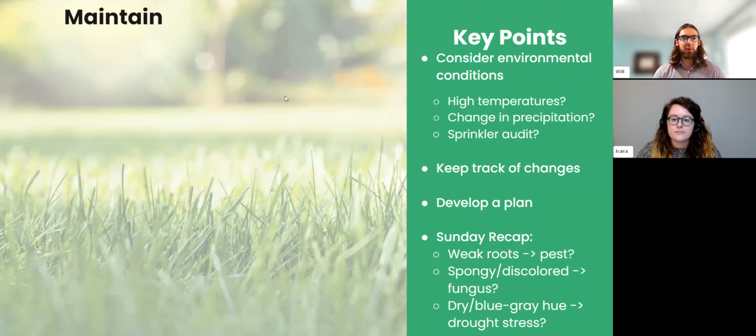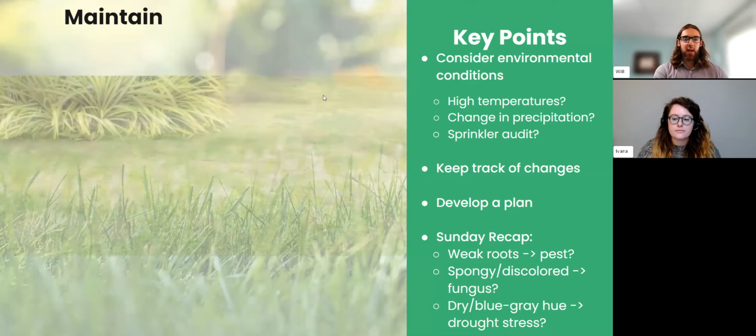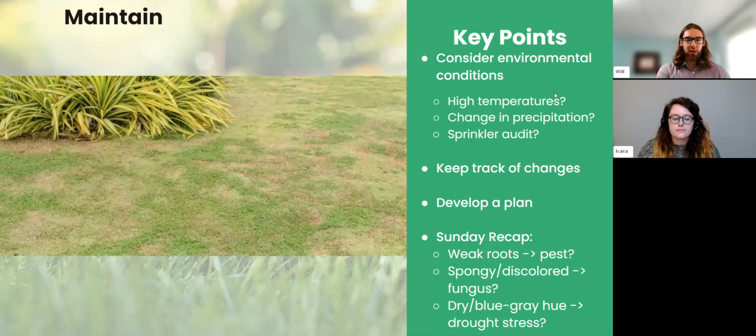And then thirdly, developing a plan, essentially identifying how best to proceed. If we take a look at this image here, this is what we may tend to see, I would say, in the springtime or summertime. This could be a number of factors, right? If we have these patches throughout the lawn, it could be a warm season grass which does not have a high cold tolerance, and there could have been a freeze that damaged that grass or is slowing its green up.